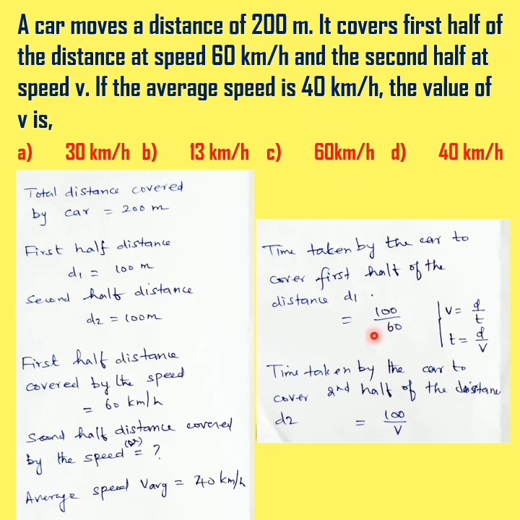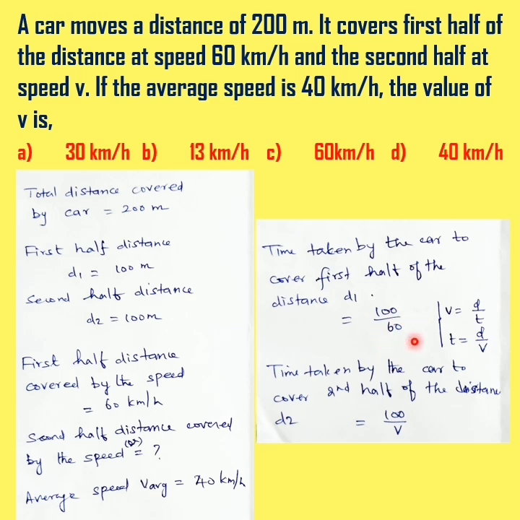Therefore, distance by velocity gives me the time. So the time taken by the car to cover the first half of the distance d1 is equal to 100 divided by 60.